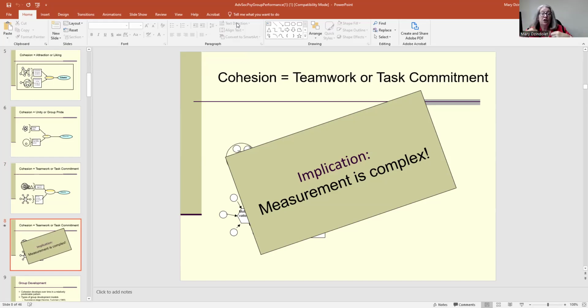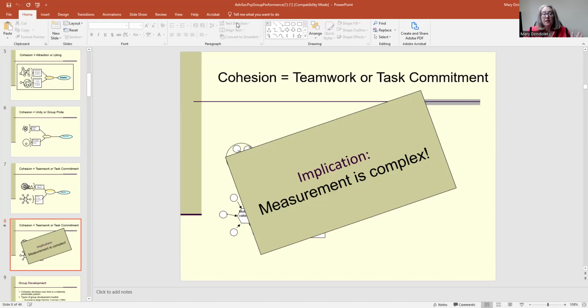And what happens if you're high in one but low in the other two, or high in two and low in the other one? And you can see how crazy it gets. I say crazy, but it's not simple at all trying to understand how this all ends up affecting performance and what you can do as a group leader to try to increase performance.